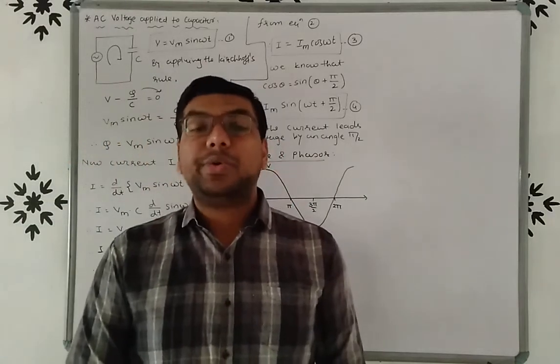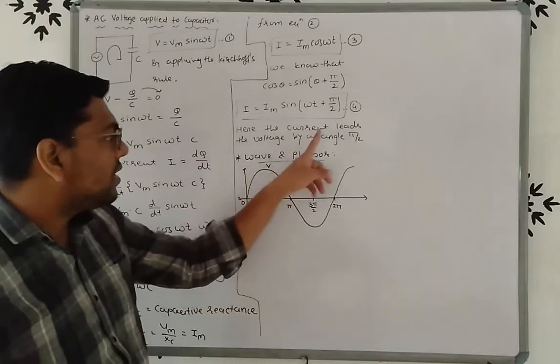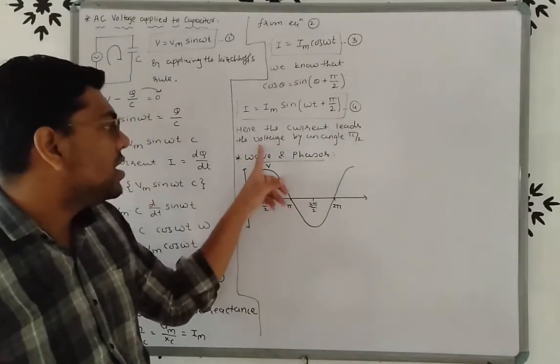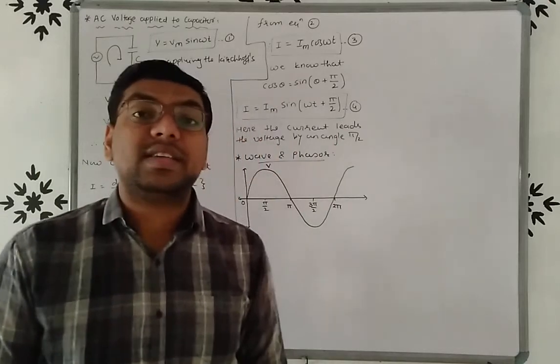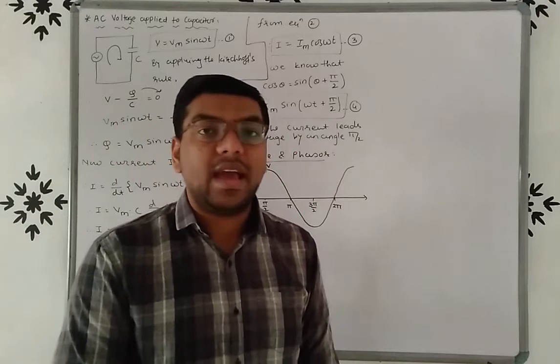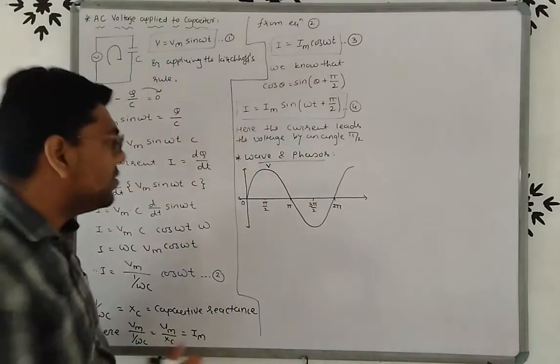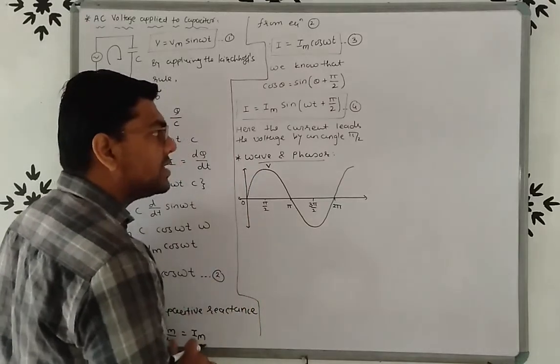Now to draw the wave for current, we know that the current leads the voltage by an angle pi by 2. That means the current is ahead of voltage. How much? By an angle pi by 2. So here the current leads the voltage.